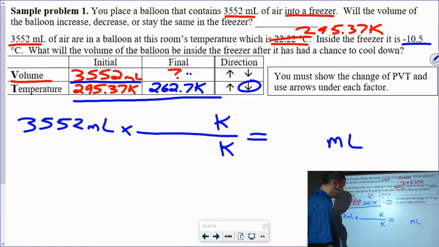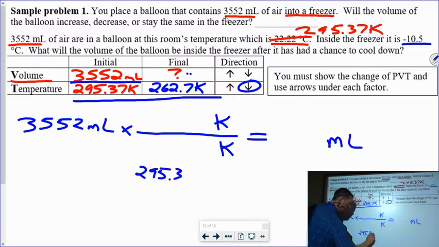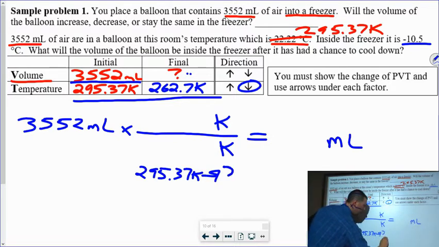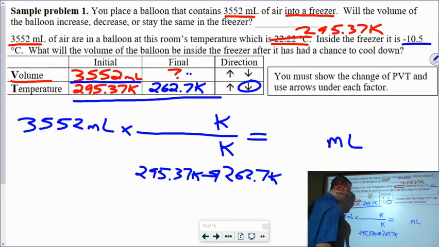So now I go under here, and I'm going from 295.37 K to 262.7 K. My temperature is going down.